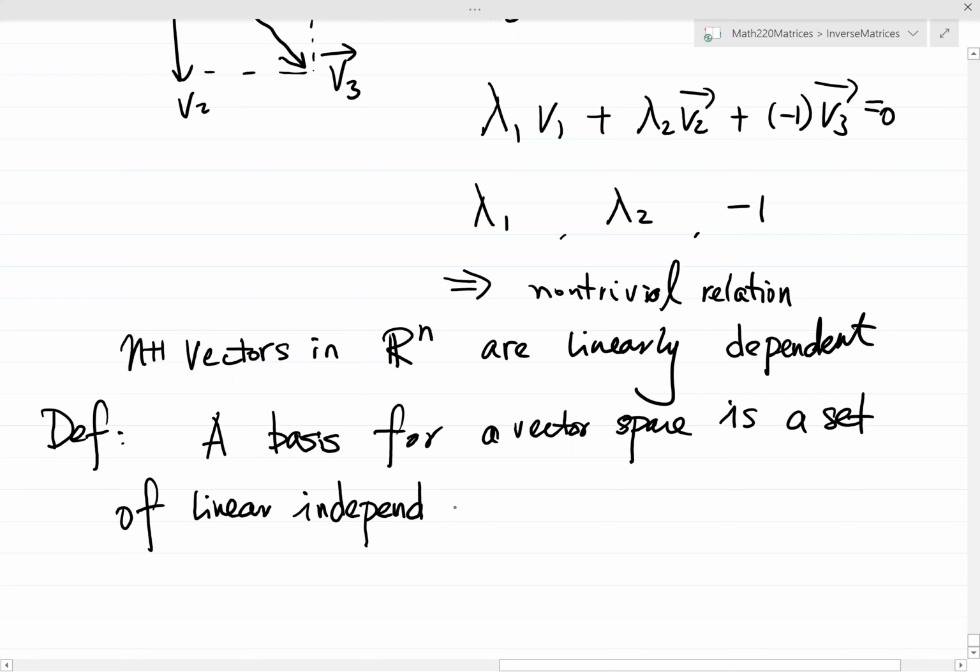To be a basis, we need to make sure they generate the space, and second, that they are linearly independent. So a basis is just the minimum number of vectors that span the space.